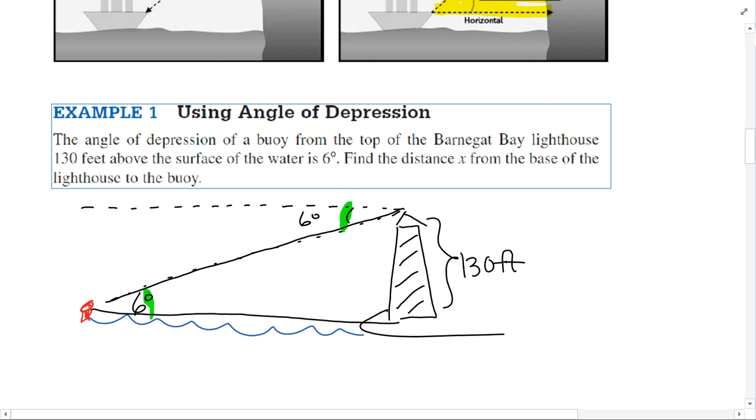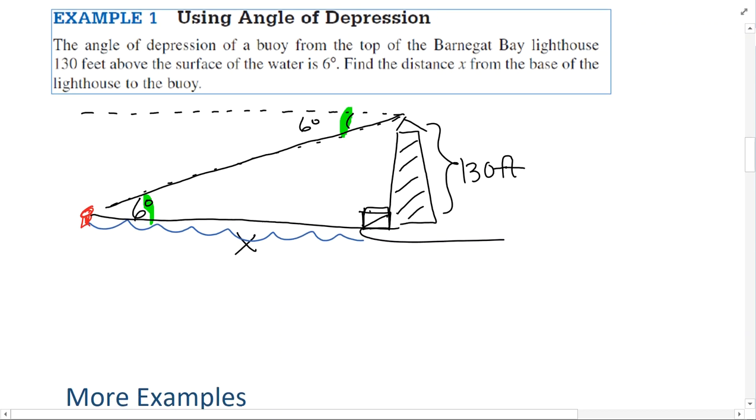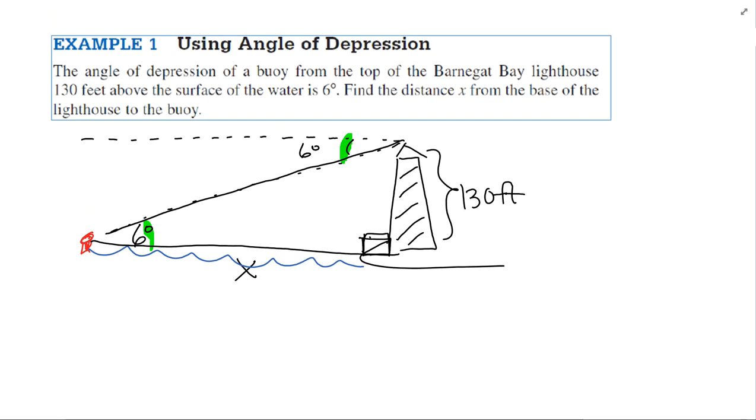Find the distance x from the base of the lighthouse to the buoy. So this is what we're looking for. We can assume that we have a right angle here. This is basic trigonometry, something you could have done in geometry. When we are setting it up, we want to decide, are we using sine, cosine, or tangent?